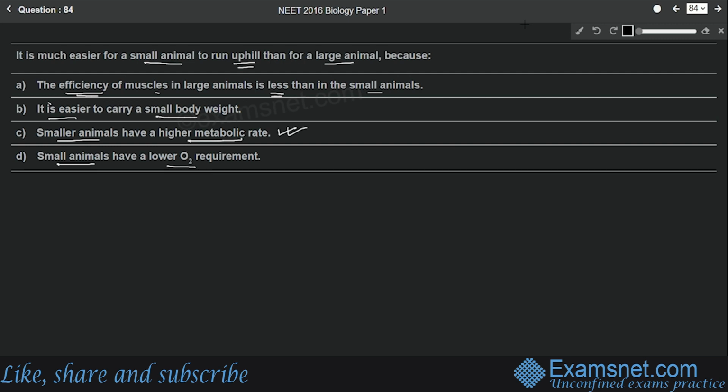So in smaller animals, the BMR, that is basal metabolic rate, is higher.